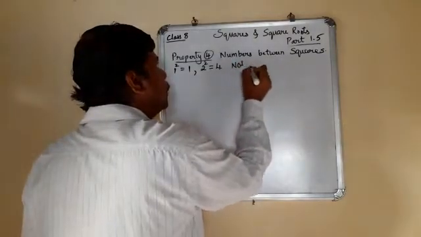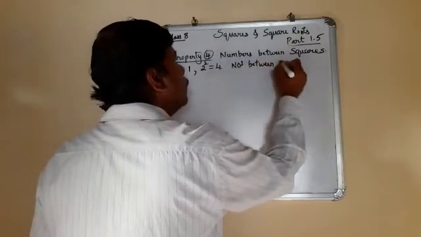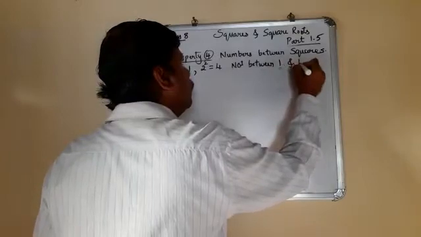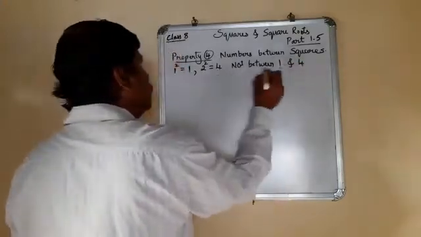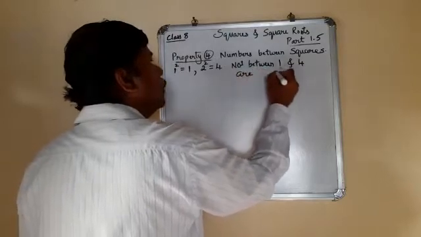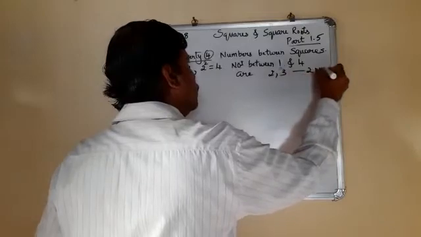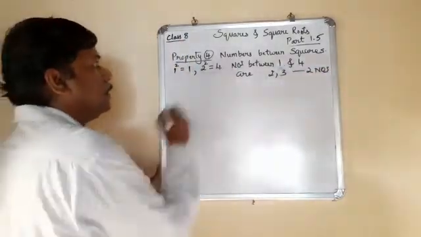Numbers between 1 and 4 are 2, 3. Two numbers, right? There are two numbers.